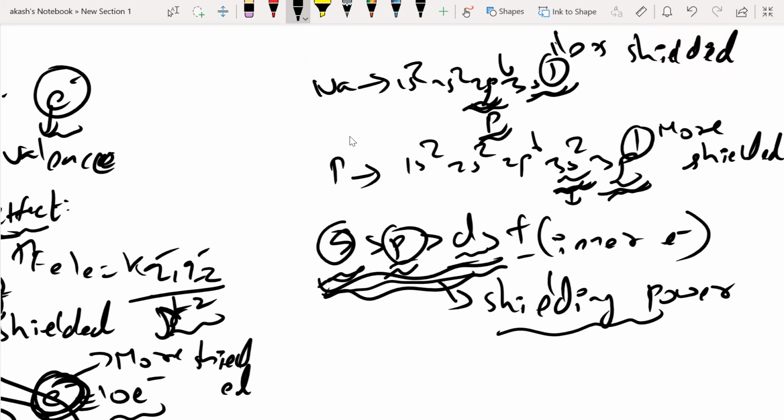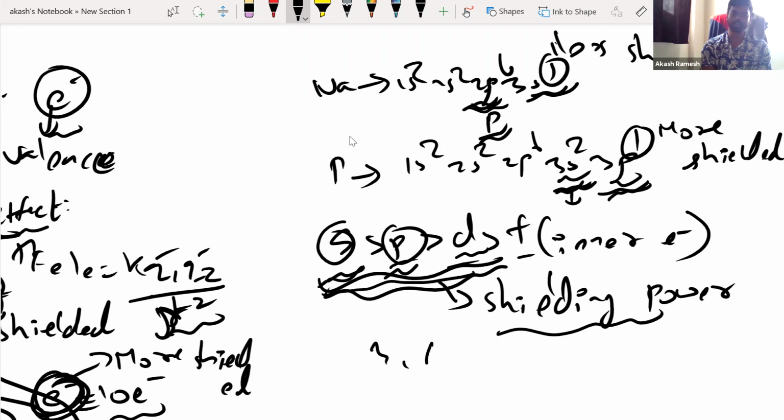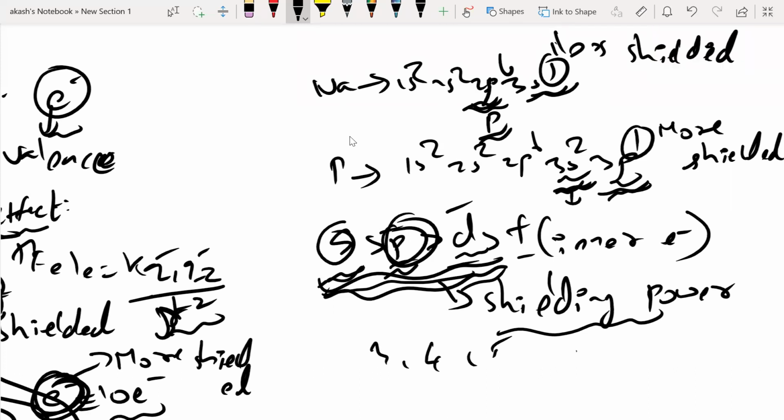Then d will have greater shielding effect than p? No. It doesn't matter whether it's 3 or 4 or 5 or 6. It's all about s, p, d, f. When the inner electron is in p and d, obviously p has more shielding power than d electrons. That's all you have to remember. Understood?